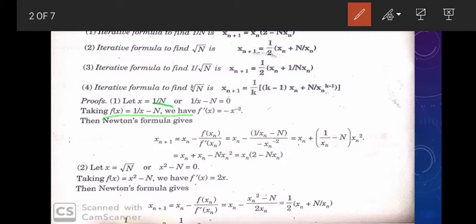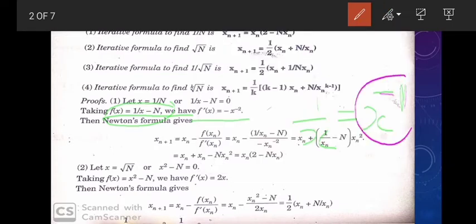Now if we differentiate this, then f dash x will be minus of x to the power minus 2, because here 1 by x is there, and we can write it as x to the power minus 1. So after differentiating, we get minus x to the power minus 2.